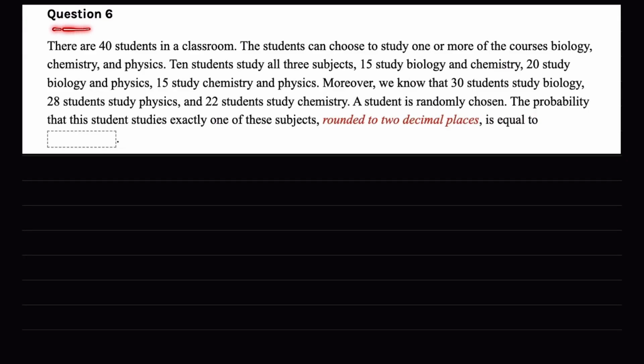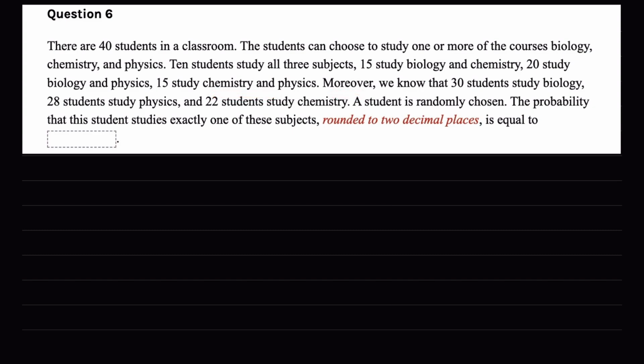Question number 6. There are 40 students in a classroom. The students can choose to study one or more of the courses biology, chemistry, and physics. 10 students study all 3 subjects. 15 study biology and chemistry, 20 study biology and physics, 15 study chemistry and physics.